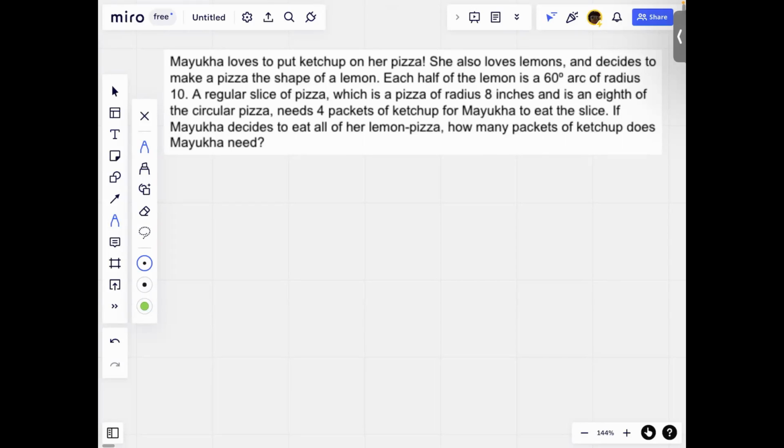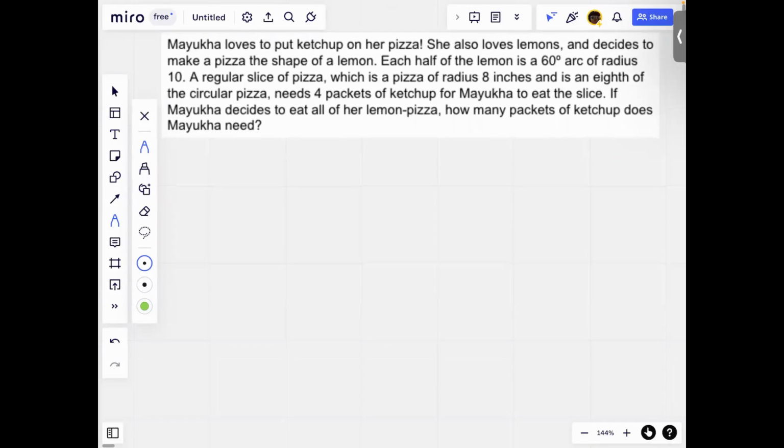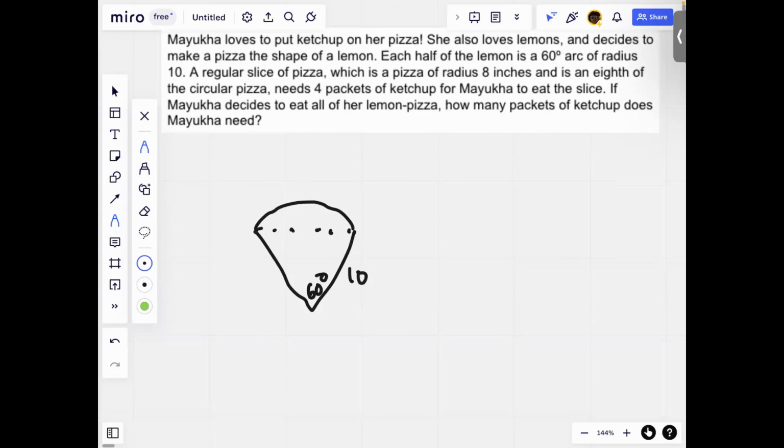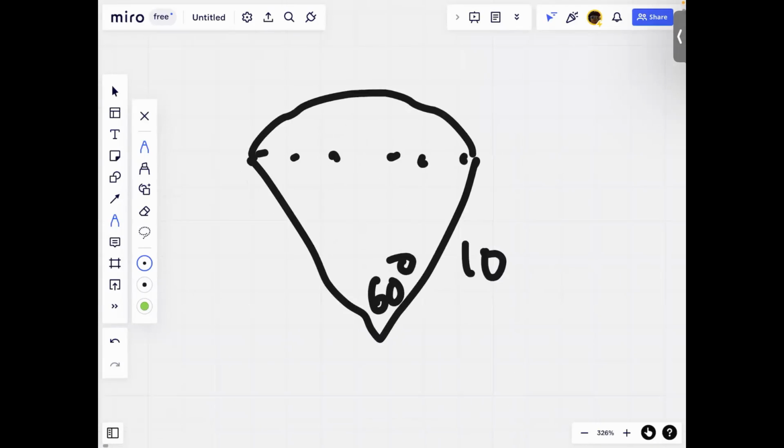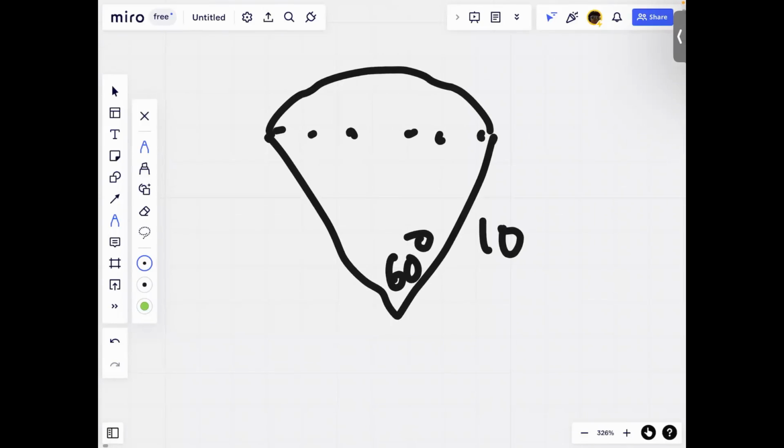So first, we want to know the surface area, or the area, of her pizza. So we have a 60-degree arc of radius 10. And in this arc, we want to know the surface area of this part.